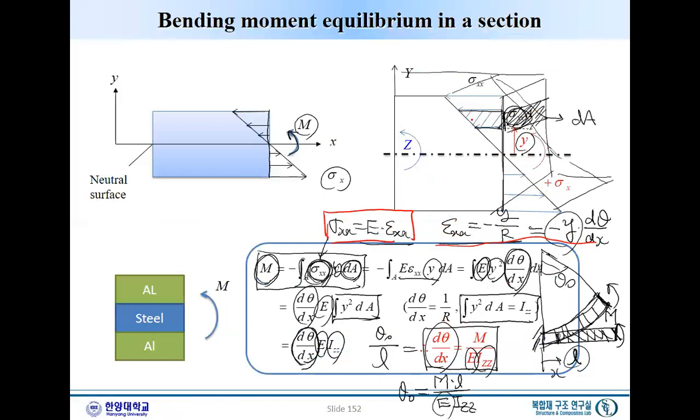Whatever stress we have over the cross sections, say we have a certain area dA, which is located y from the center line, and we apply certain stress sigma x here, and sigma x times dA. What is that? This is a force, which is located at distance y, right?